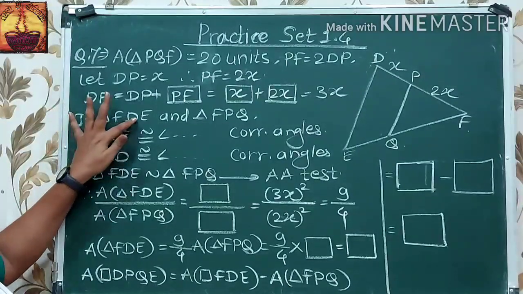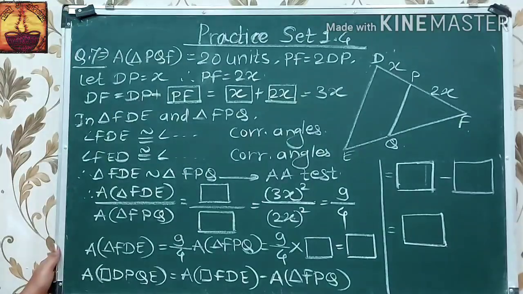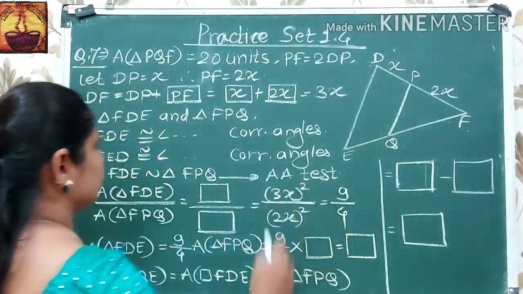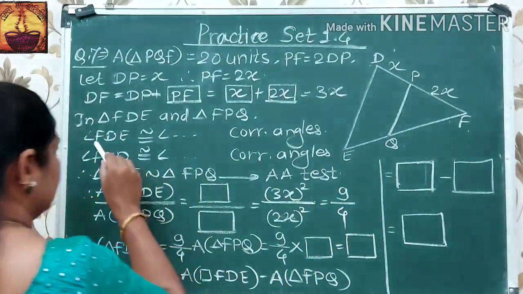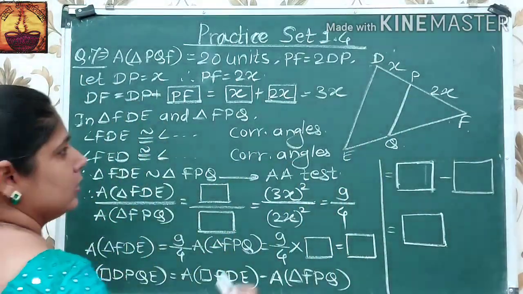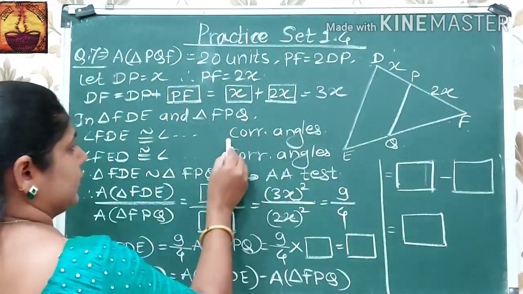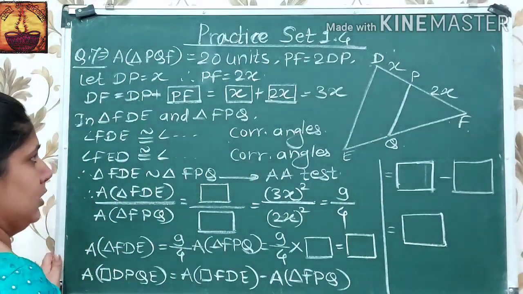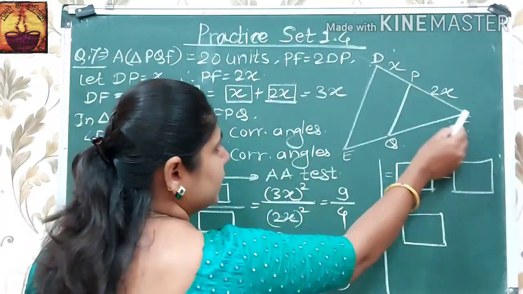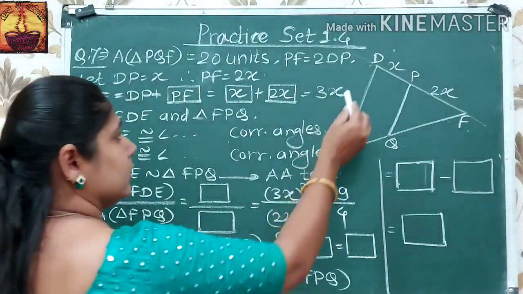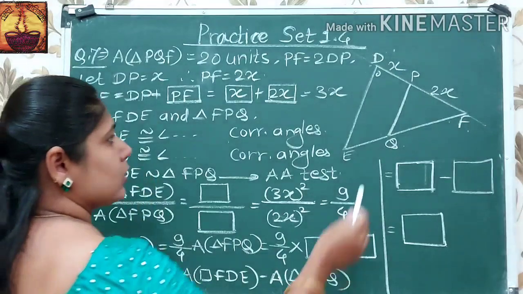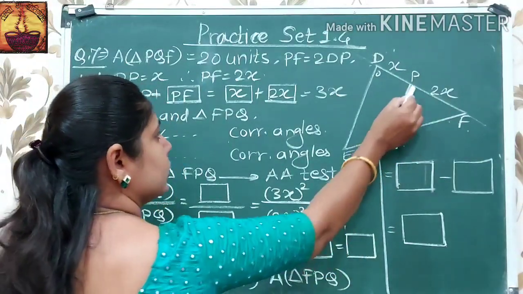Now next step is, in triangle FDE and triangle FPQ, angle FDE is congruent to angle FPQ. The reason is corresponding angles. We have PQ parallel to DE, and if DF is a transversal, then angle FDE is congruent to angle FPQ.